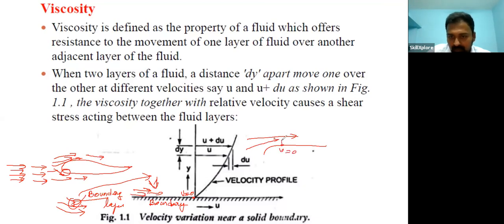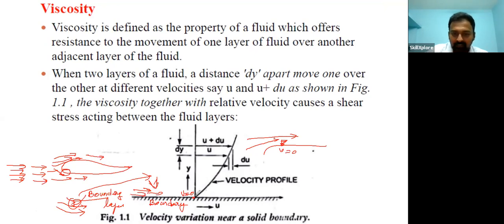If you move on to this point, then the velocity may vary with respect to the distance from the surface. This distance versus velocity we have plotted here. This is called the velocity gradient. We also call it the velocity profile.